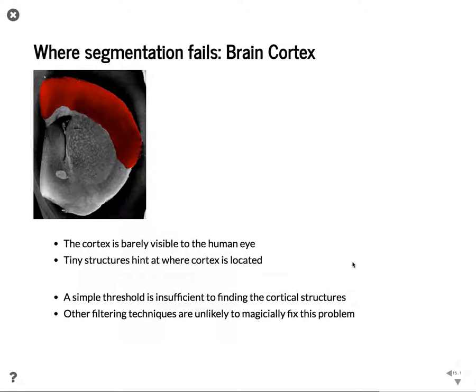And so now to actually move into the interesting part of this, or why we covered these techniques in the first place. This isn't a machine learning course. This isn't a statistics course. We fundamentally are trying to solve problems. And so we have this brain cortex problem like we talked about before. And if you remember from the basic segmentation and advanced segmentation, we really had no solution for this.